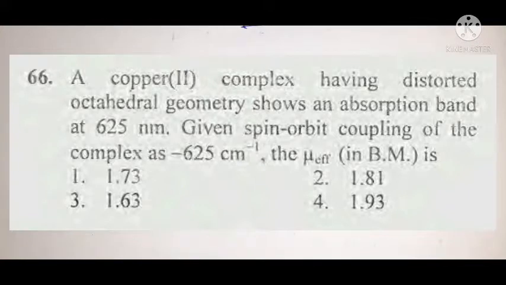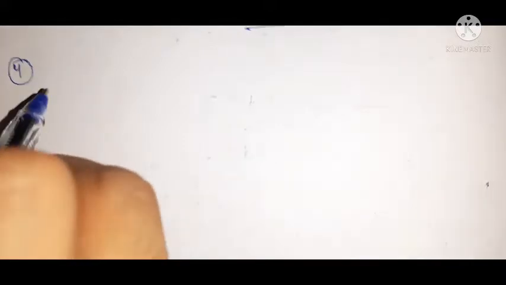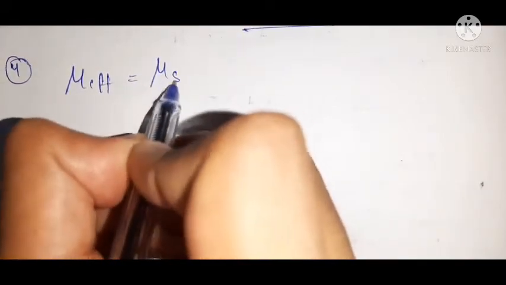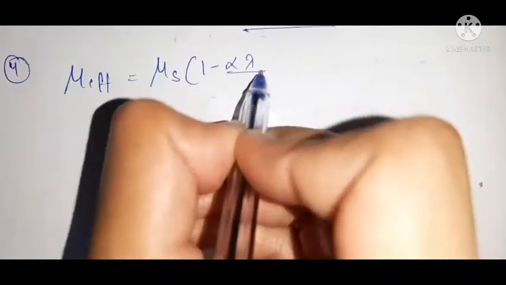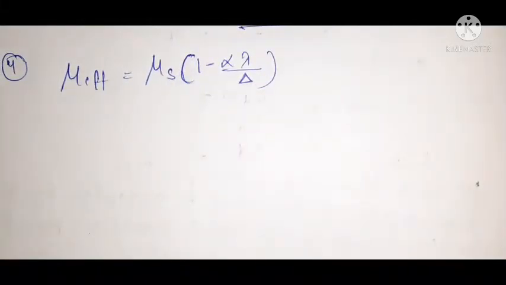According to that question we conclude the formula. The formula says that μ effective is equal to μ spin only times (1 minus αλ upon Δ). This is responsible for the higher value of magnetic moment than its normal spin only value.